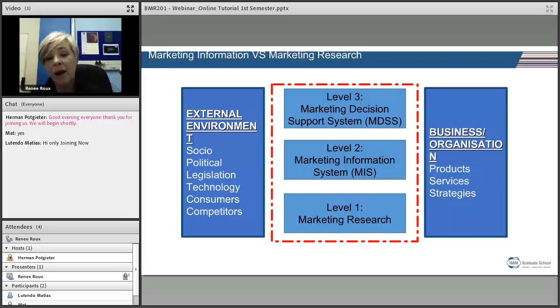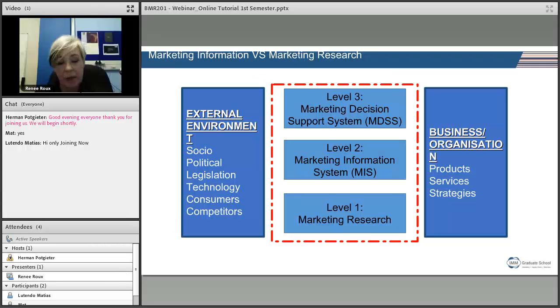And then on the other side there's the business, the organization, their products, their services, their strategies. They have to constantly evaluate whether their products, services, and strategies are still appropriate, whether they need to change them totally, whether they have to bring in new products, services, whether they just have to make small adjustments.